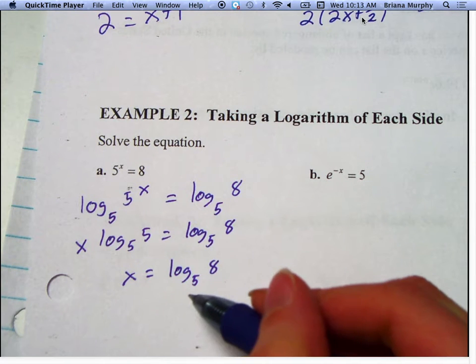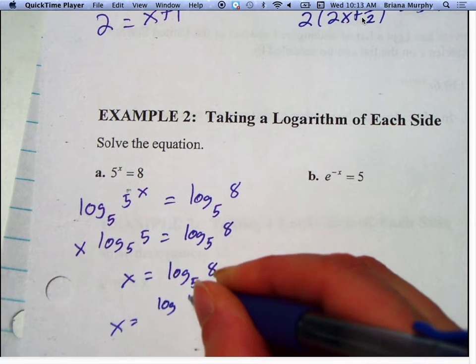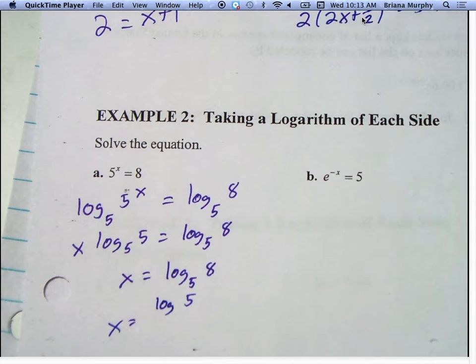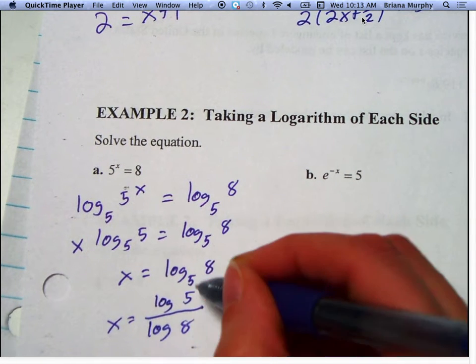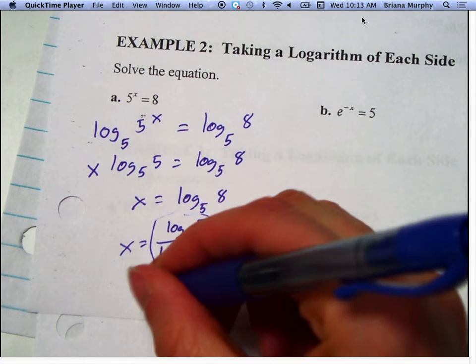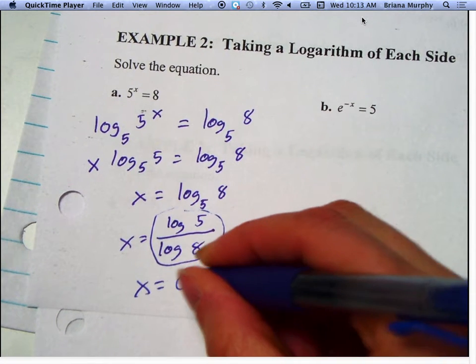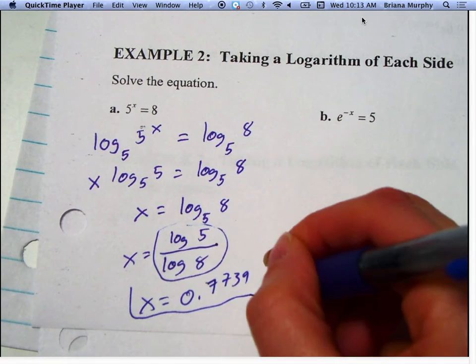So we have to do change of base. That means we get log base 10 of 8, and I'm not going to put the 10 because if it's just a log, I know it's base 10, divided by log of 5. And then this is where I put it in my calculator. And I'm going to get x equals 0.7739. That's my answer.